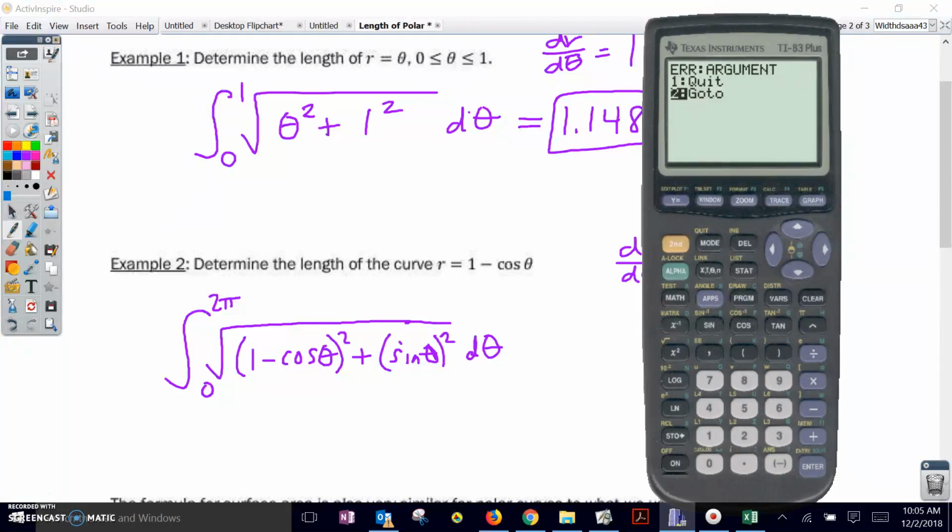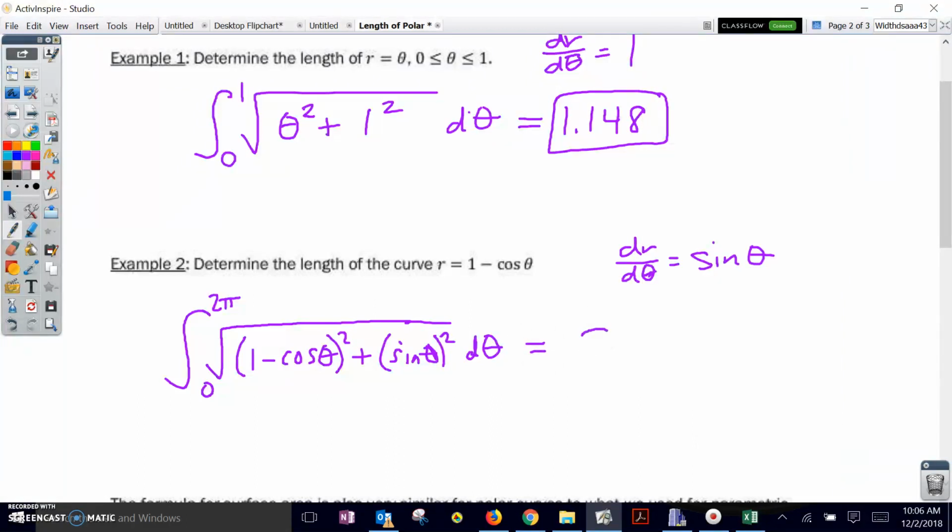Uh-oh, what did I do? I forgot to close my square root. Let's try that again. And we get that the length of this curve is 8.